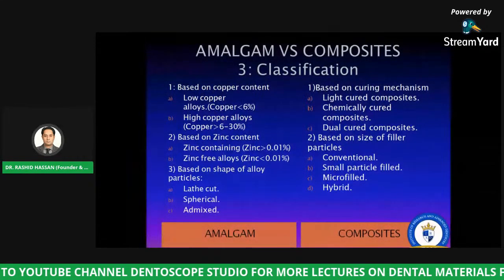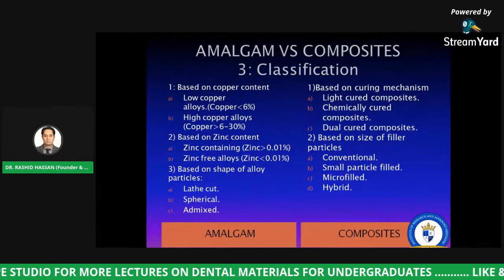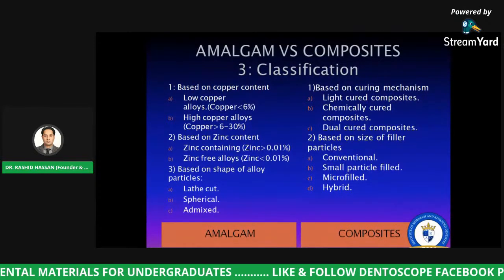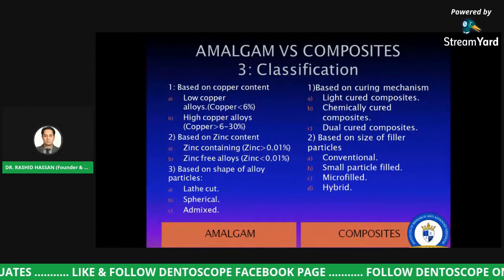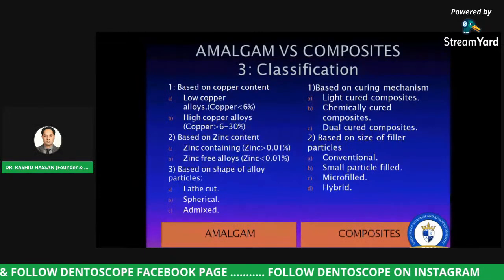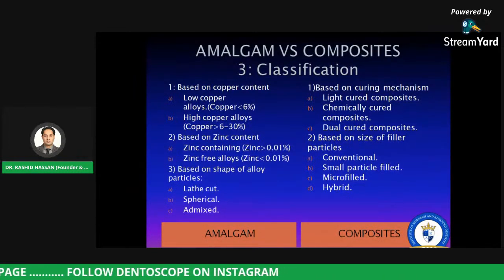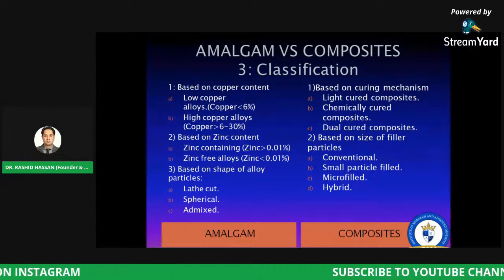The spherical ones are manufactured synthetically, so their shape is very much regular. And the third one, the admixed one, is basically a mixture of lathe cut and spherical alloy particles, a combination of these two types of particles.